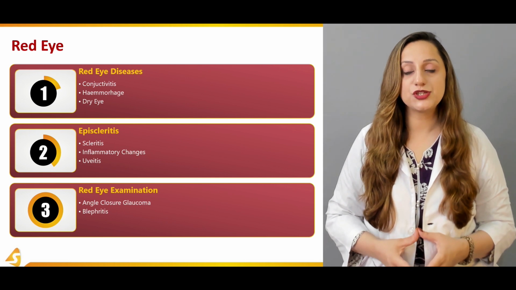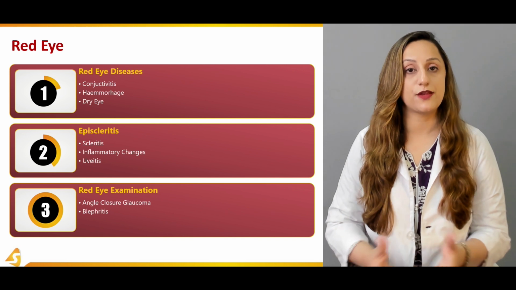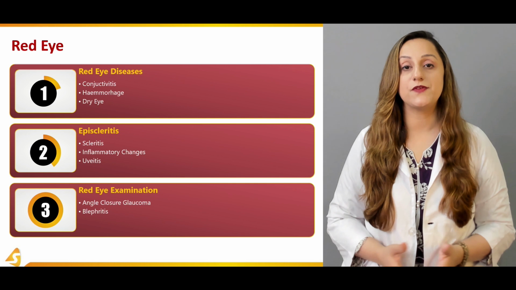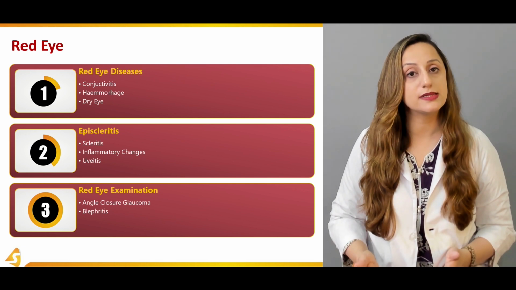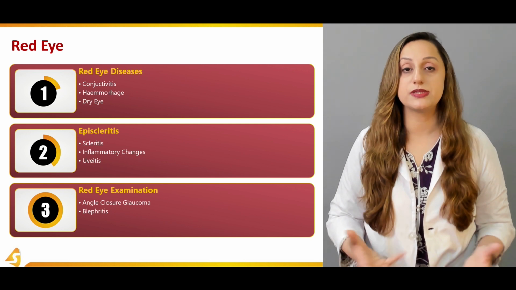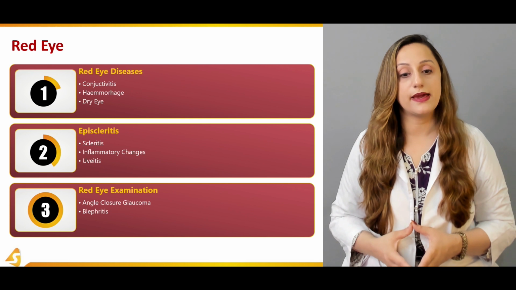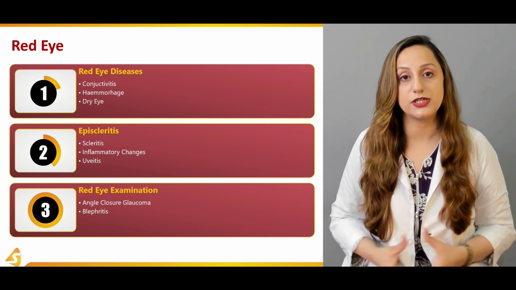In the second section, we are going to discuss other miscellaneous infections that relate to episcleritis. Then we have scleritis. We should know how to distinguish episcleritis from scleritis, because these are structures located in the eye, and their infections can manifest as redness of the eye in the patient.